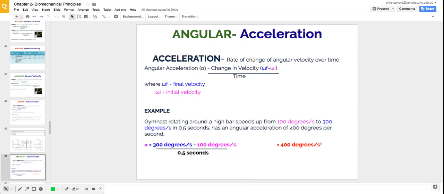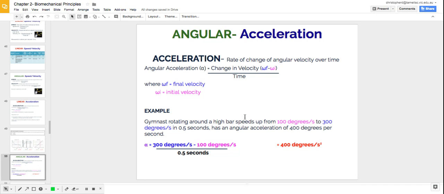Angular acceleration is the rate of change of angular velocity over time. So it's the same, we're just looking at the change in velocity from an angular perspective. If we're looking at a gymnast who rotates around a high bar, the bar we saw previously, and they speed up from 100 degrees per second to 300 degrees per second in 0.5 seconds, they'll have an angular acceleration, so they'll be speeding up, of 400 degrees per second squared.